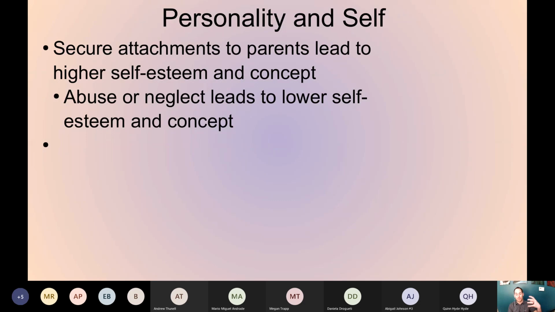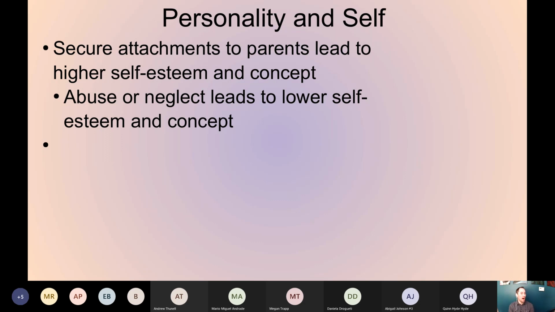So parents who are supportive, who give positive comments and immediate, good responsive feedback to children tend to lead them to have better self-concepts, or a more clear self-concept at the very least, in any domain that they're working in. So if parents are able to give feedback on ukulele playing, then the child's going to get a more clear self-concept in that domain.